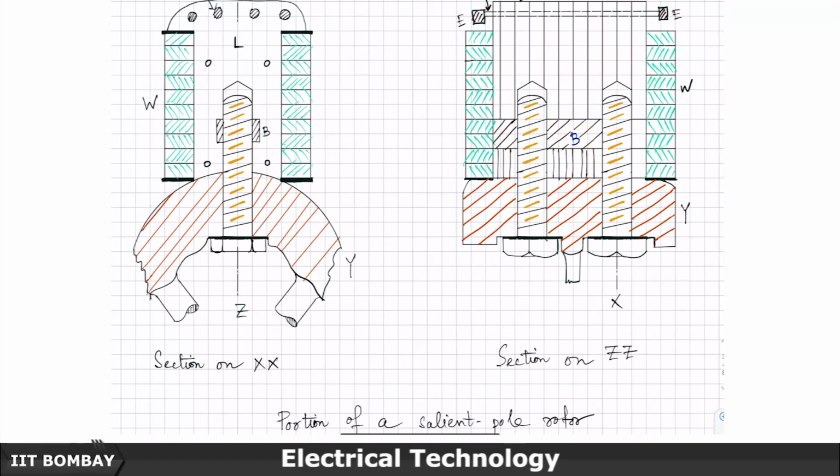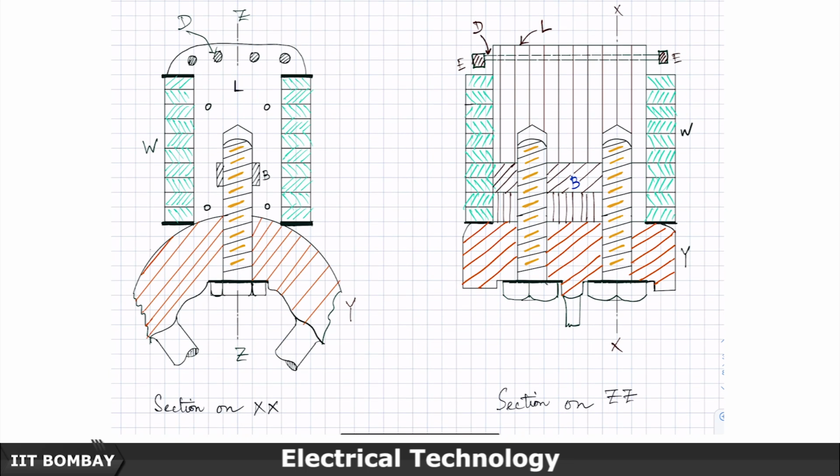Now, let us look at the salient pole construction. We have seen the cylindrical rotor construction. Salient pole construction is going to be much more elaborate. So, if you look at the salient pole construction, here is your pole face. This is mainly iron, but there are thicker laminations here.